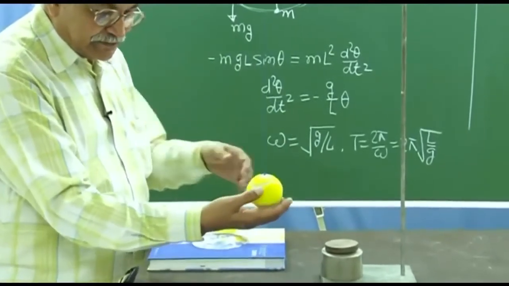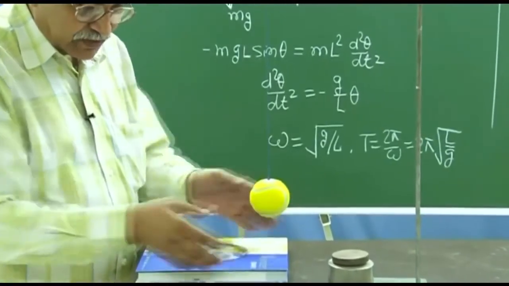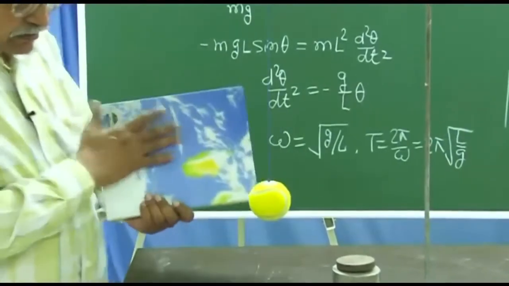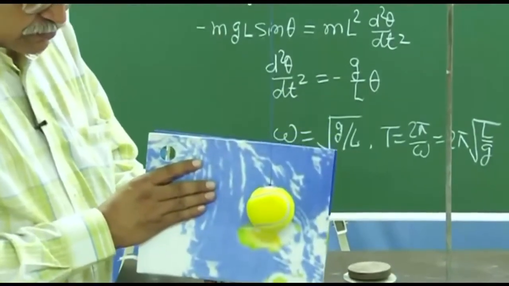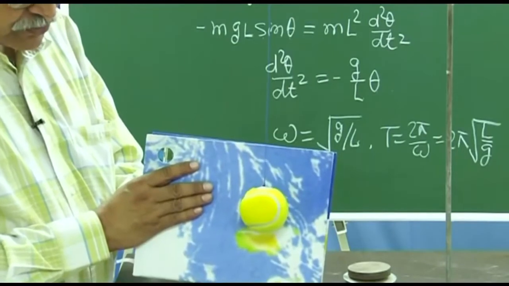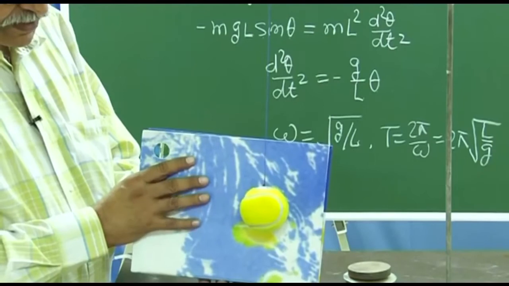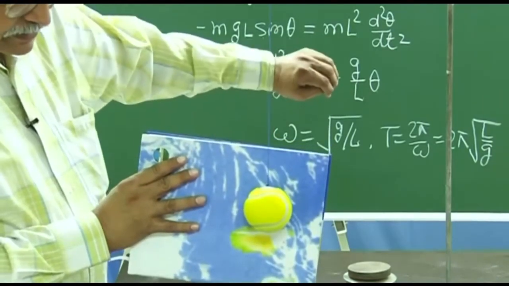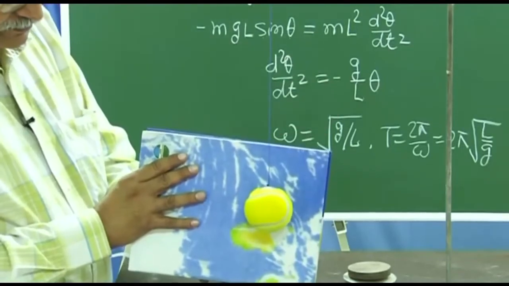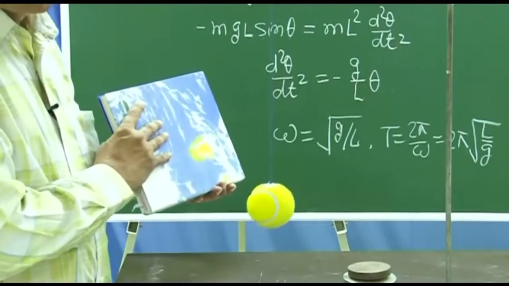So one of the efficient ways is that you take some kind of a textbook or a notebook and then push this ball to whatever amplitude you want, and then move this notebook rapidly in the opposite direction and see how smoothly it goes.